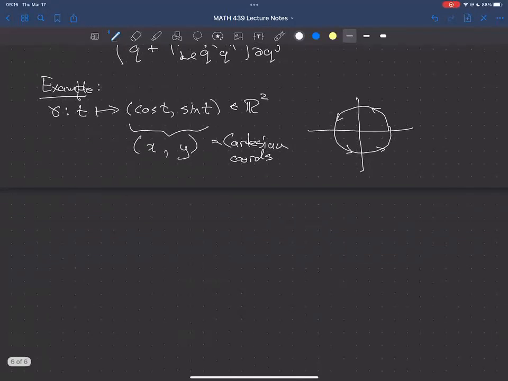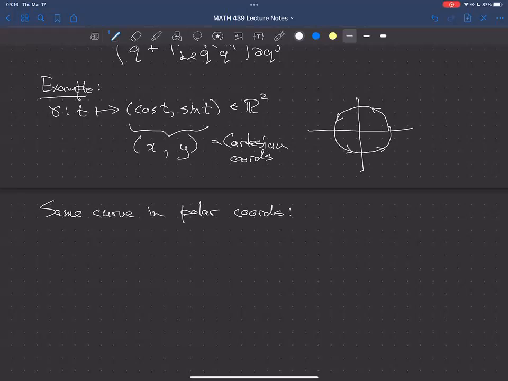All right. Now, if you write the same curve in polar coordinates, what's R along that curve? Well, R along that curve is 1, and theta along that curve is t.